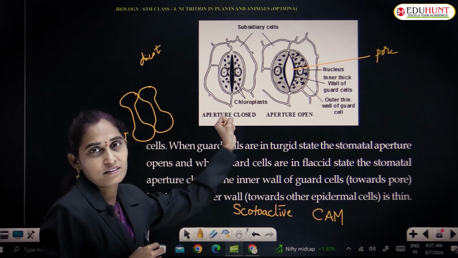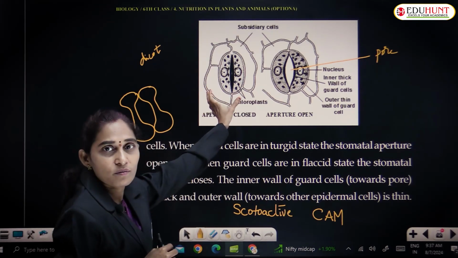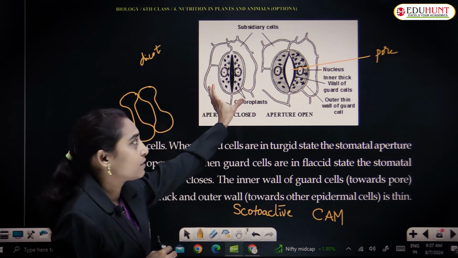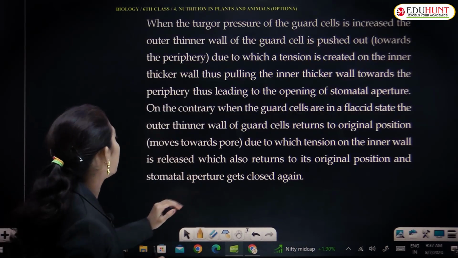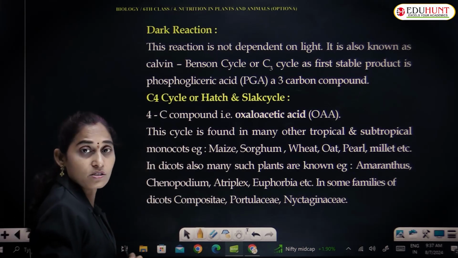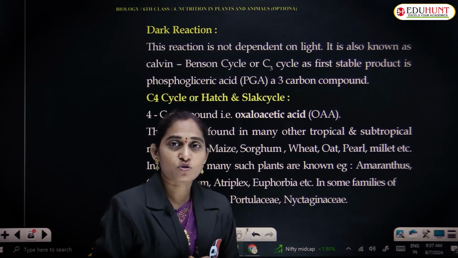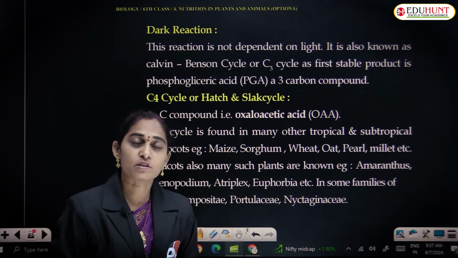They become flat. Whenever they become flaccid, they come closer and cause the closing of stomata. This is the mechanism of opening and closing of stomata.